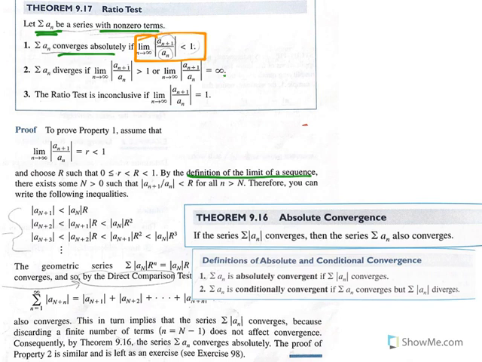We used the direct comparison test. We also employed the idea that getting rid of a finite number of terms from a series does not affect its convergence or divergence. And then we also used theorem 9.16, and the definition of what it means for a series to be absolutely convergent. We put all of that together using deductive reasoning to establish the truth of property 1 of the ratio test. And you can see the very last sentence: the proof of property 2 is similar and is left as an exercise.